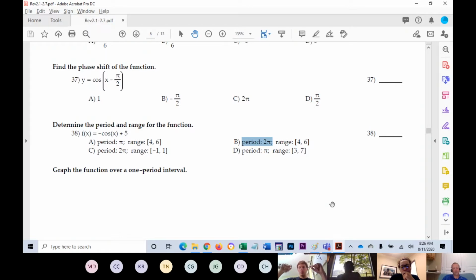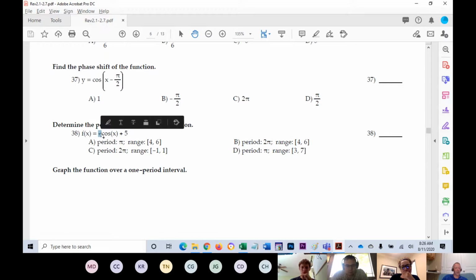And so it's 5 more than -1 and 5 more than +1. Essentially we've got a negative in front of here. So normally, under normal circumstances, we would say the range is -1 to 1. But this 5 moves everything up 5. So -1 plus 5 is 4.